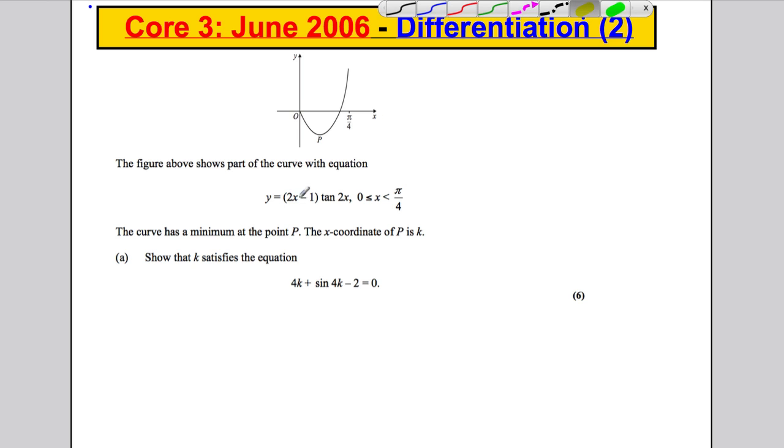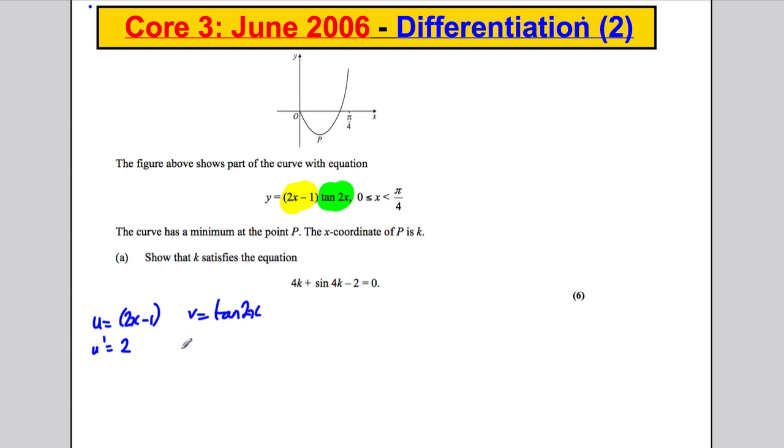So you've got a u multiplied by a v. So what we do is we use the product rule. Our u is 2x subtract 1, so our u dash would be 2x. Our v is tan 2x, so our v dash is 2 sec squared 2x.